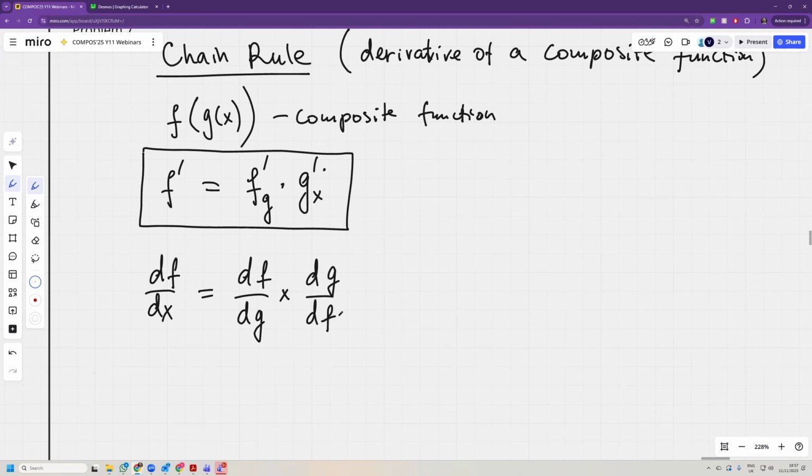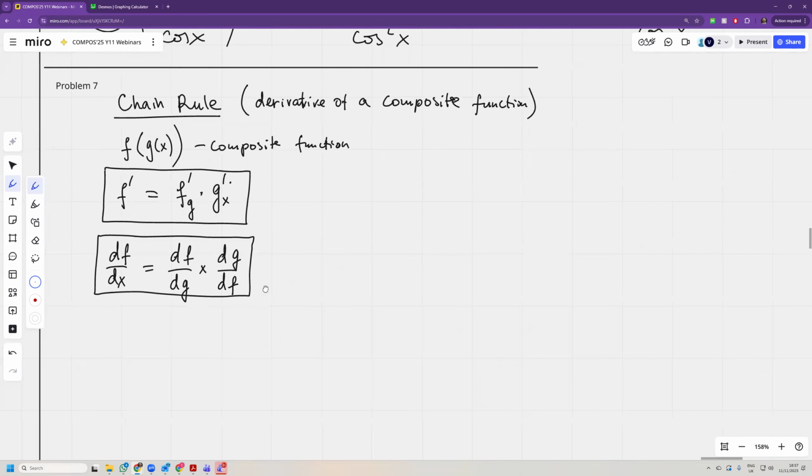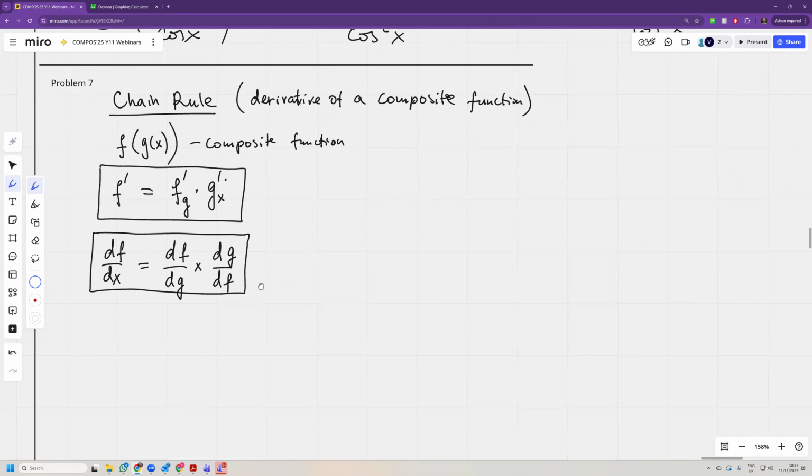This notation makes sense, although it doesn't really answer many questions. What does with respect to g actually mean? Well, with respect to g means you think of g as your variable, in short.